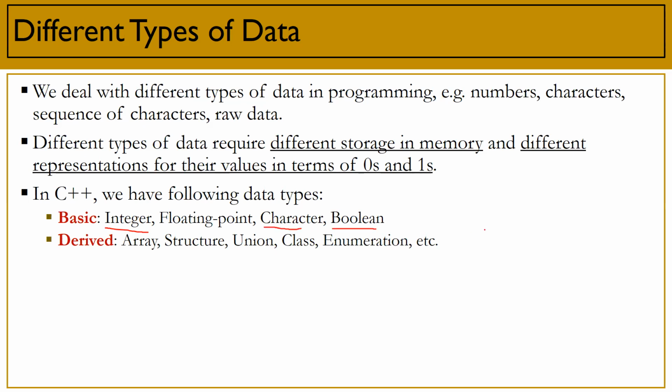Then we have derived data types, which can be created using the basic or primitive data types. So we have arrays, structures, unions, classes, enumerations, etc. Let's now explore these data types. We'll focus on the primitive or basic data types, and later on, we'll learn about the derived data types in our course.